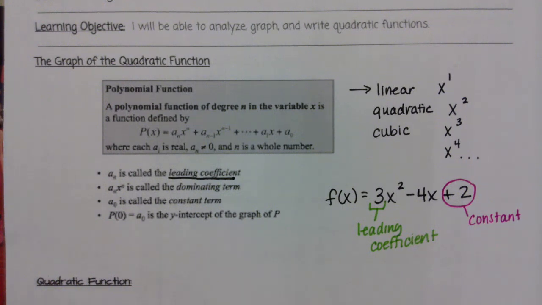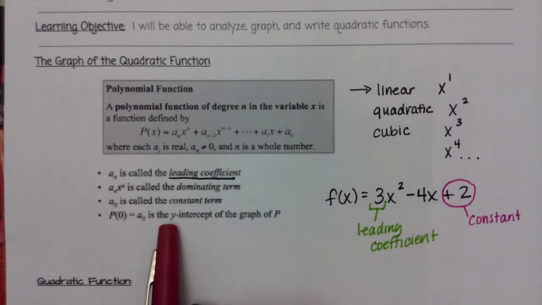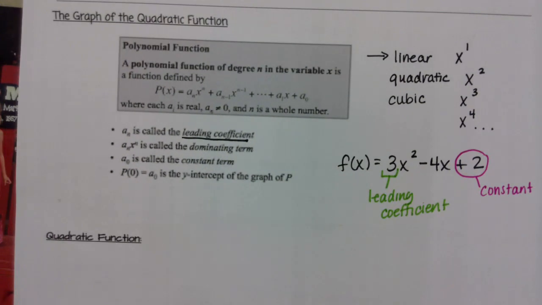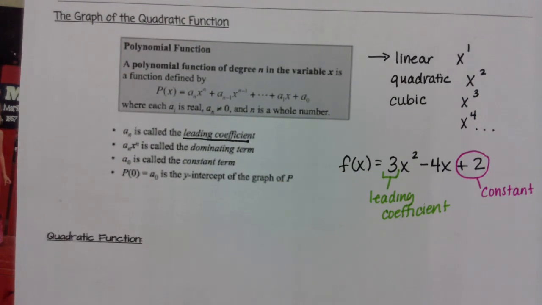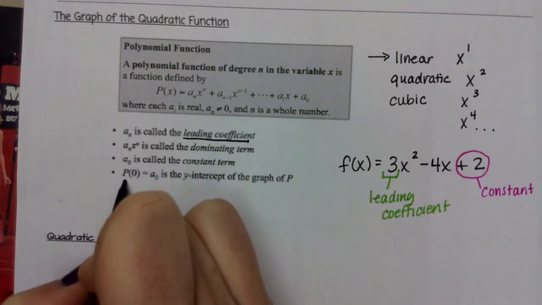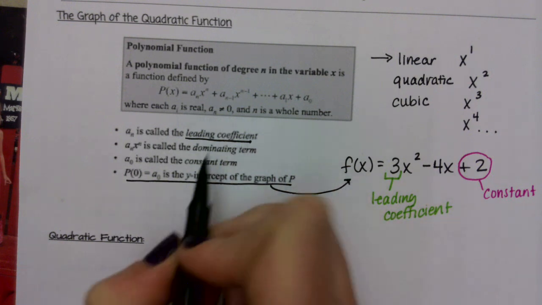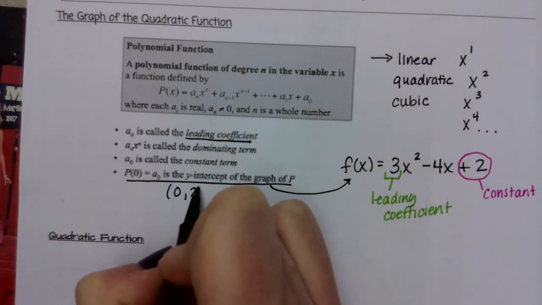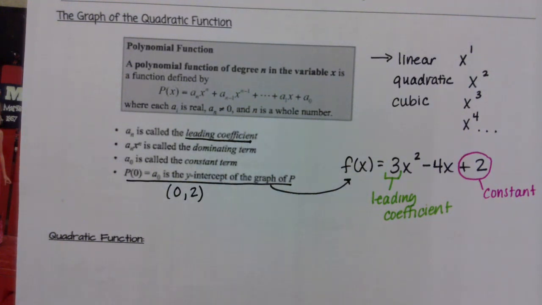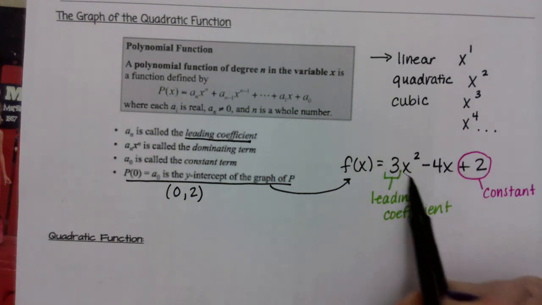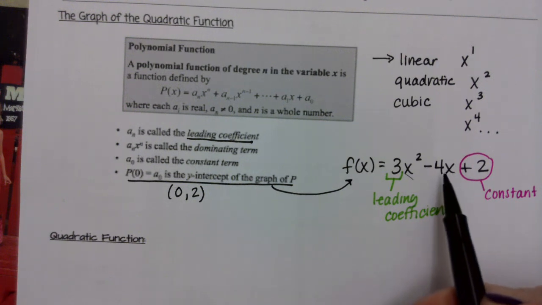Your constant would always be the y-intercept of your graph. So in this example, my y-intercept would be (0, 2), because if I replace all these x's with zeros, this term is going to go away, it's going to be 0, and this one is going to go away, it's going to be 0.